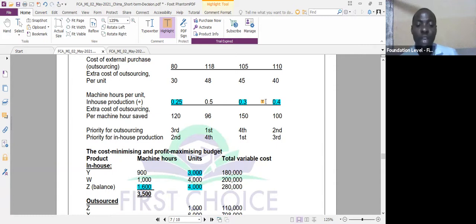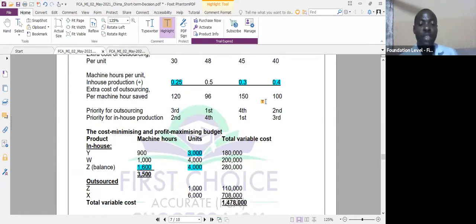Okay, so when you have your 4,000, you have severely limited that Z. So now when you are outsourcing, the remainder of the 1,000 that will make it 5,000, you are outsourcing Z. You are outsourcing the remainder of 1,000, and you are sourcing fully X. You are outsourcing X fully because internally you have exhausted your 3,500, and you have not done part of Z, and you have not done anything on X. So that's the one you are going to externally outsource.